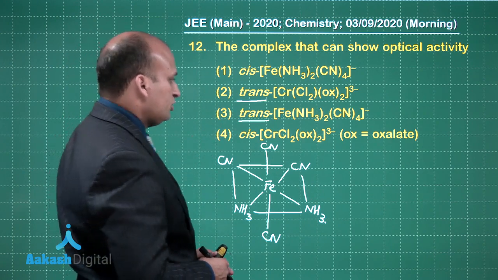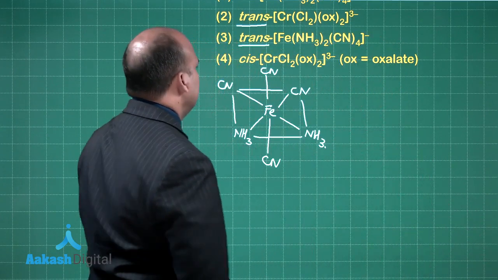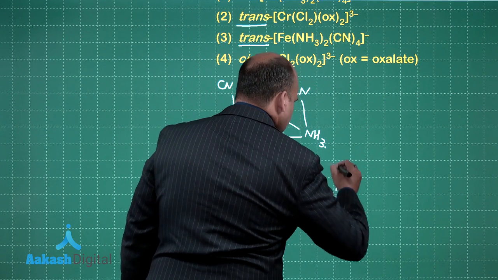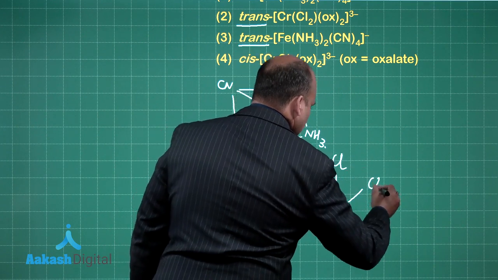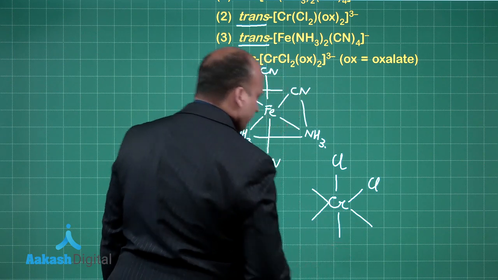Let us look at the fourth choice, which is cis. See, this is Cr, this is one chlorine, this is second, and then we have got the oxalate ion. Fine.